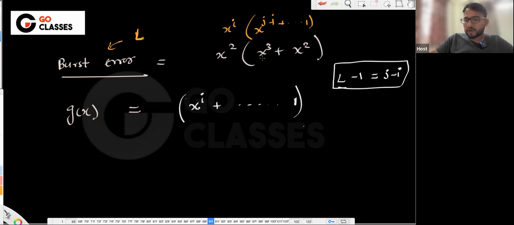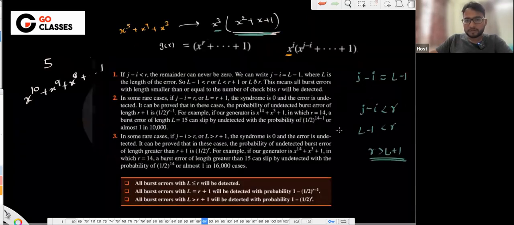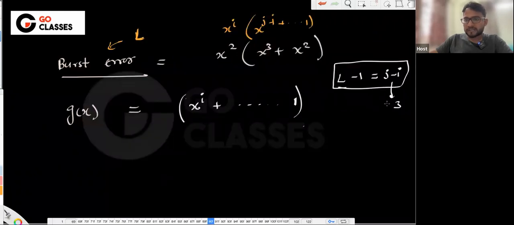If your burst error is of 2 length, then j minus I will be 3, x power 5 plus x power 4, should it be plus 1 or something? You need to take x power 4 common in this case. At the end it should be just 1, right?